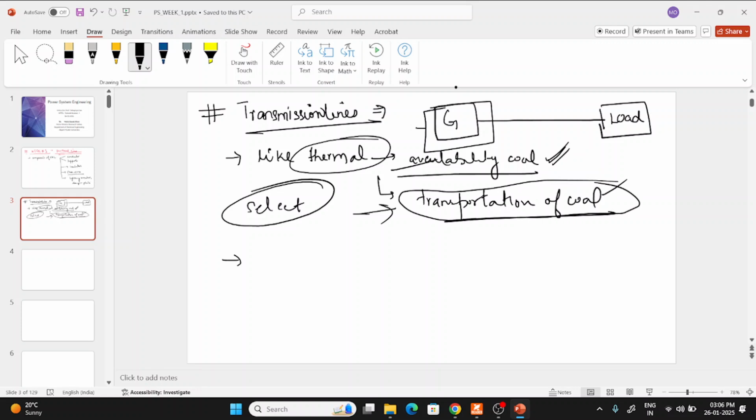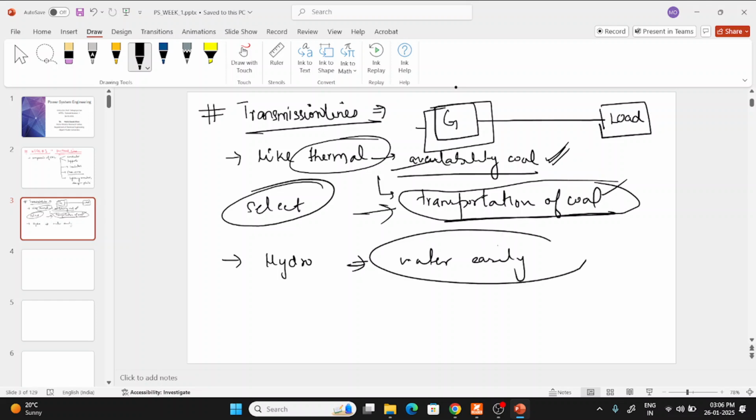If we are going for hydro, the water is easily available at those locations, and then we build a hydro-based power plant.